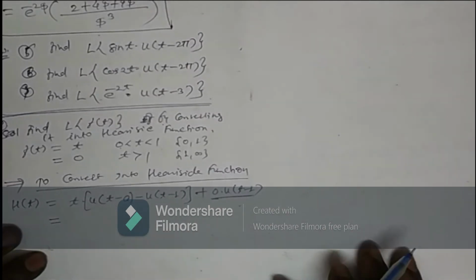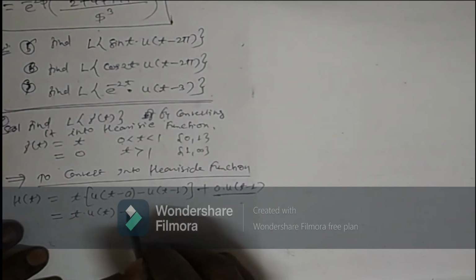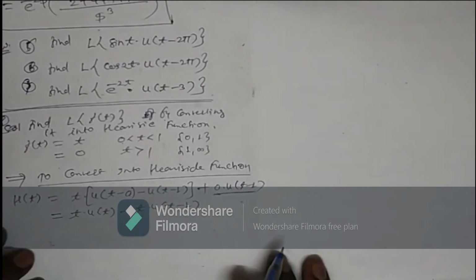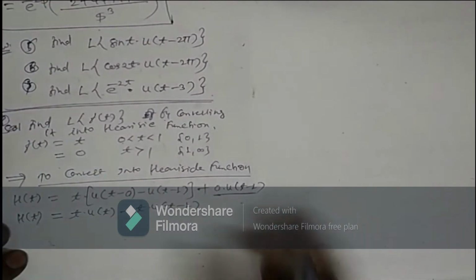So this can be written as t into u of t minus t into u of t minus 1. Now this is h of t, that is Heaviside function.